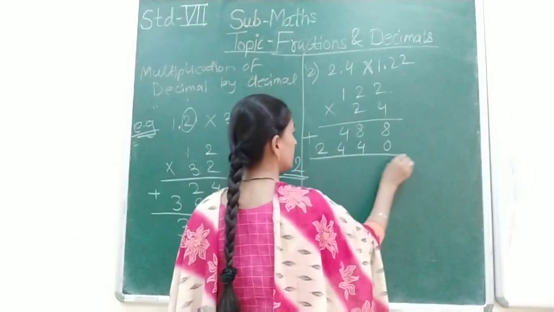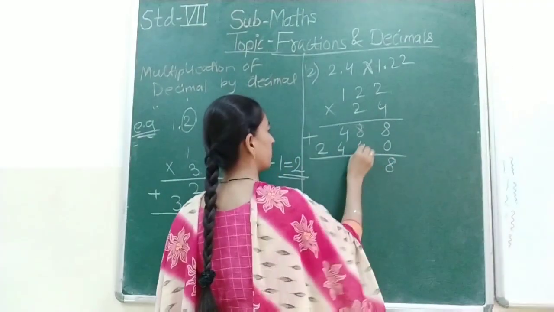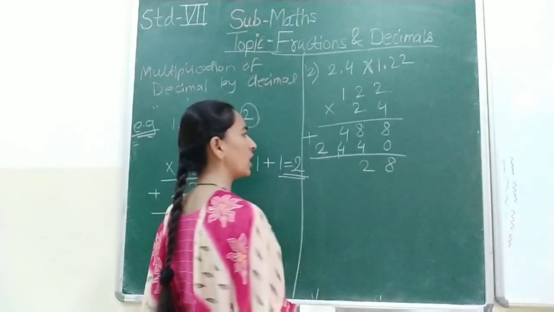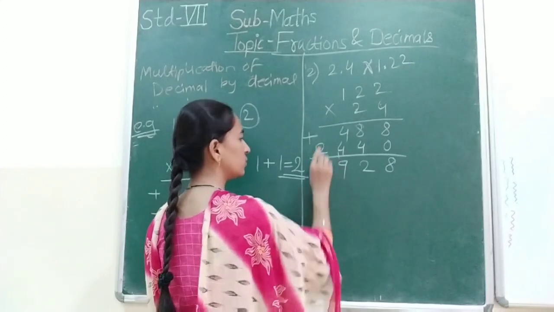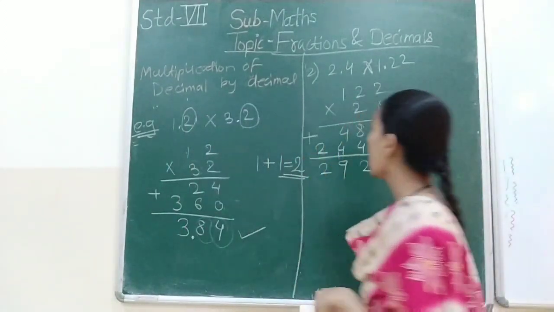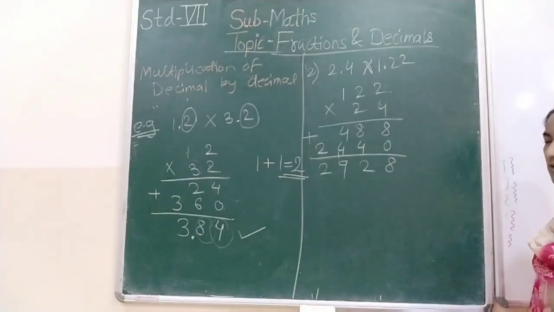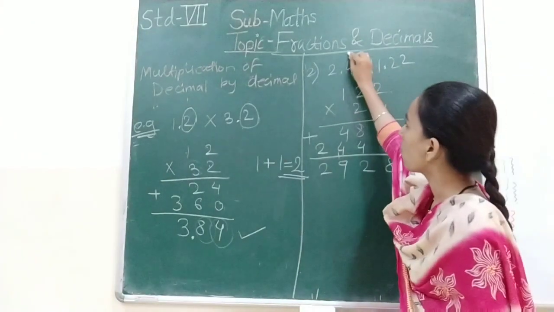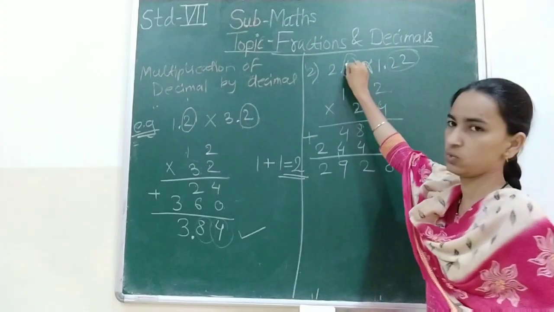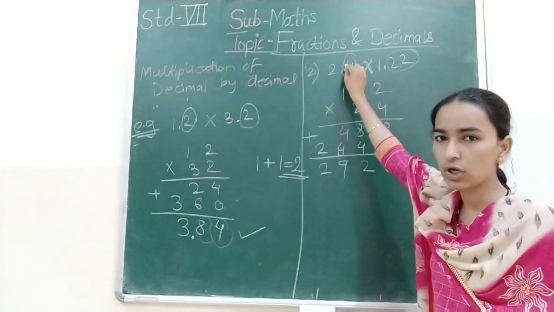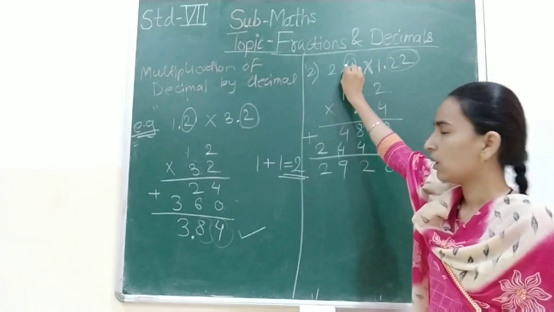Now take the addition. Here is 8. 8 plus 4, 12. Carry over 1. 4 plus 4, 8. 8 plus 1, 9. And here is 2. Now see how many digits are there after decimal. Here 1, but here 2. So 2 plus 1, 3. Okay. 3 is there.